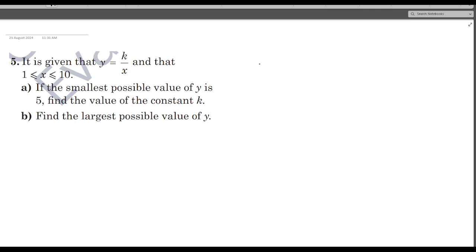So if I replace y with 5, now when will y be smallest? When x is maximum. So for the smallest value of y, x is maximum and the maximum value of x is 10. So therefore 5 times 10 will be equal to k. So k is 5 times 10, 50.